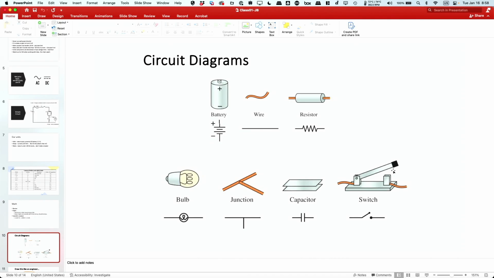Capacitor, what's a capacitor? It's something that holds charge, and if you get a motor going, it holds the charge. Yeah, exactly.